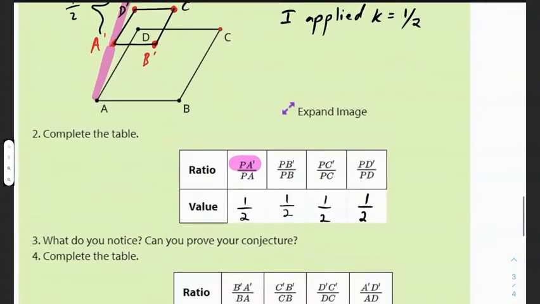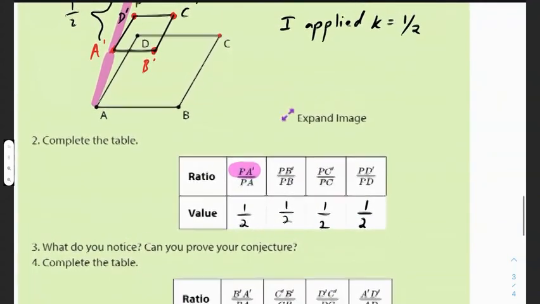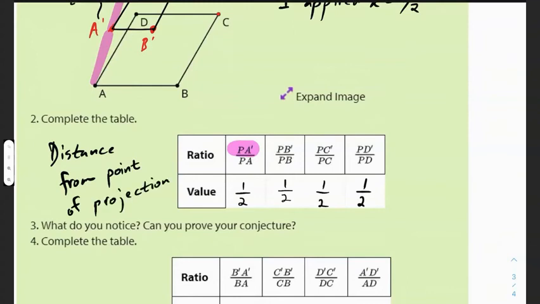Now they're talking about the relationship between the sides. So this is the distance from your point P of projection, right?